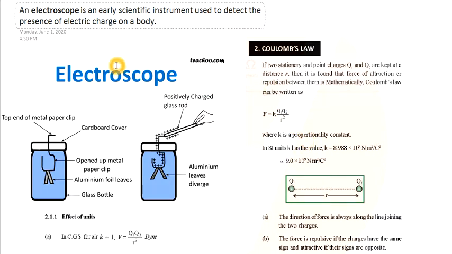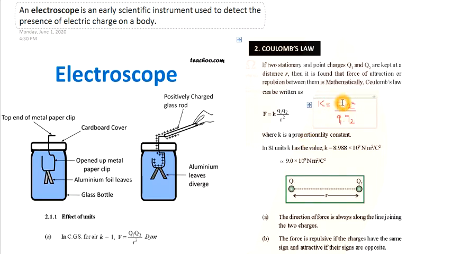If we find the value of k, r square gets multiplied with the force, so k is equal to F r square by q1 q2.